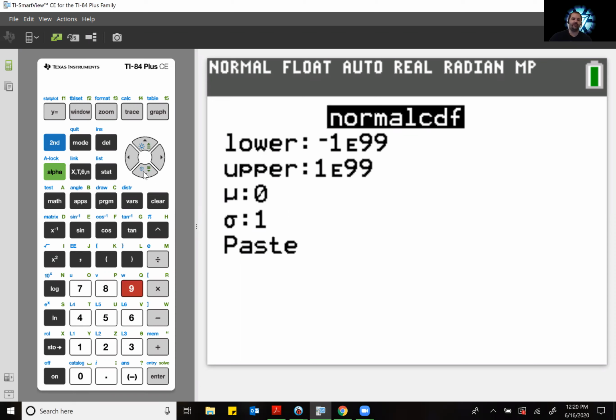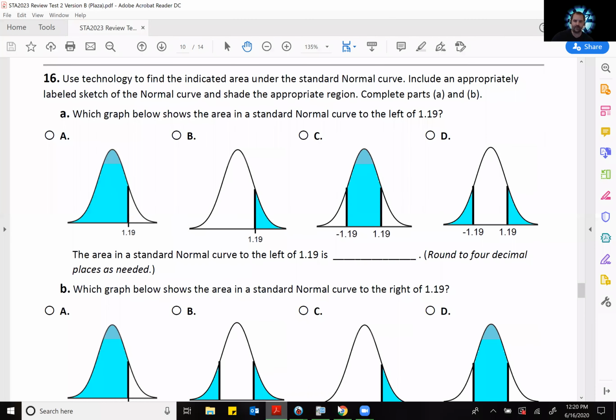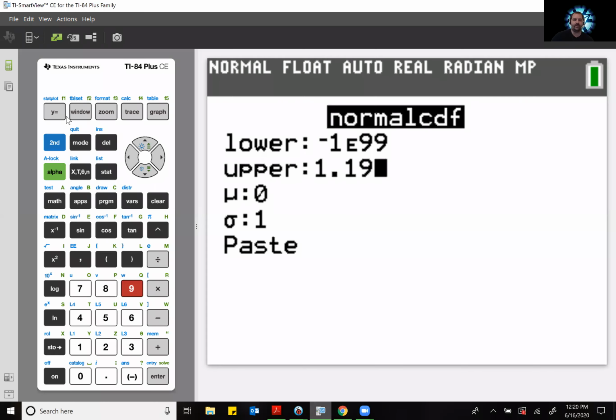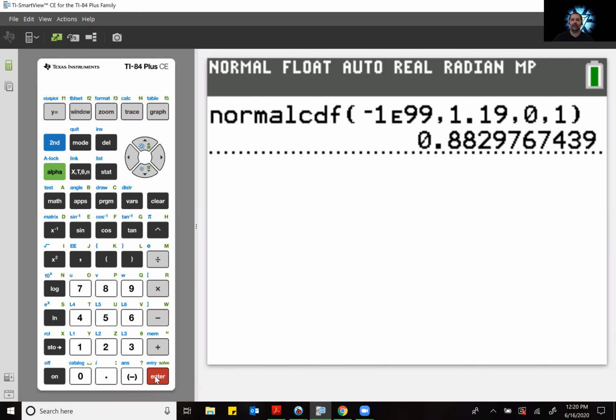And then our upper value was the 1.19. And then everything else is good because it's standard normal. Make sure that it was 1.19. Yep. And you come down and you hit paste, and then hit enter. And there is the probability. It said round to 4 decimals, right?